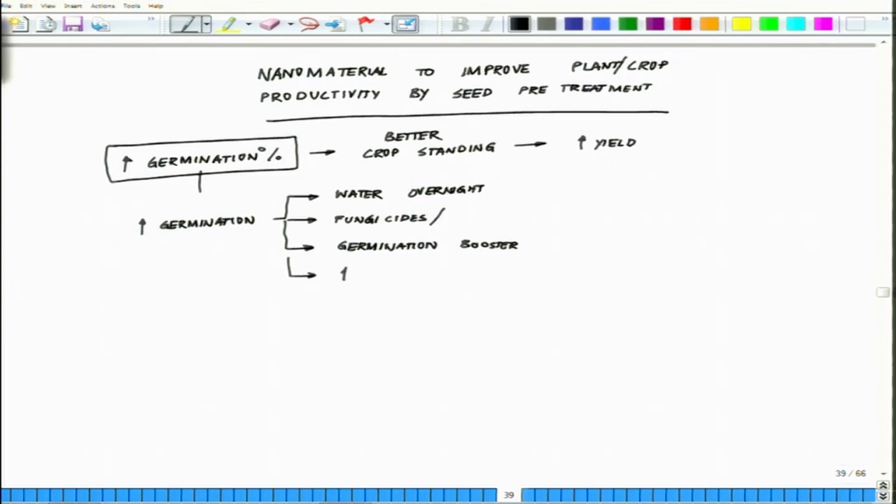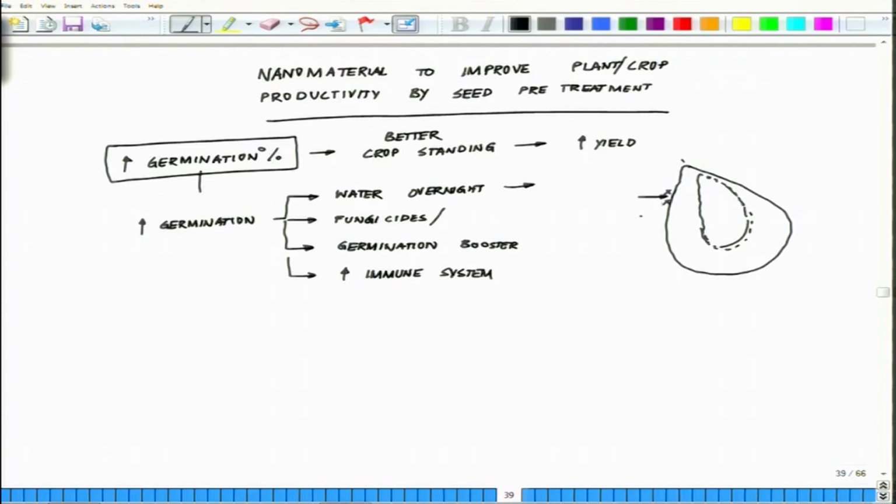Okay. Strengthening the immune system. Now, for the simplest of all the treatments, water treatment, what does the water do? If you look at the seed, any seed is like this: the seed coat, and inside is the real growing material, preserved inside. Now, the seed coat is mostly impermeable to water.